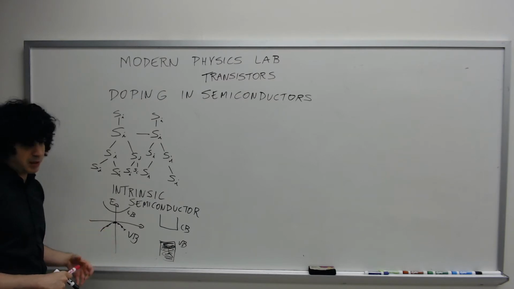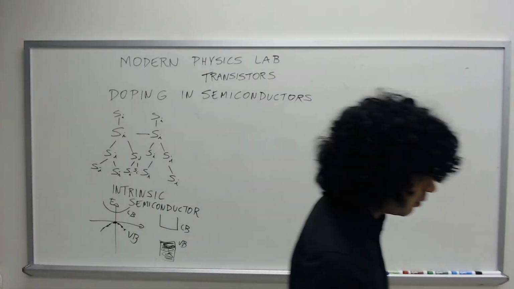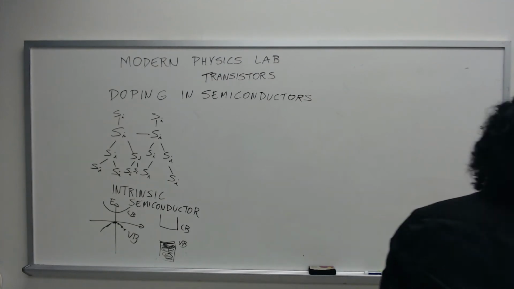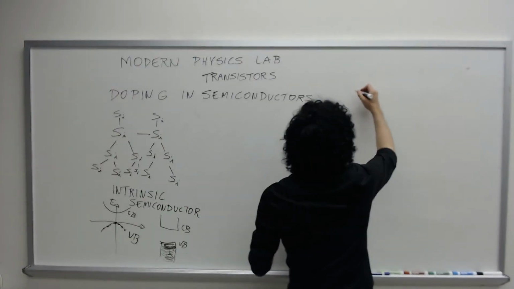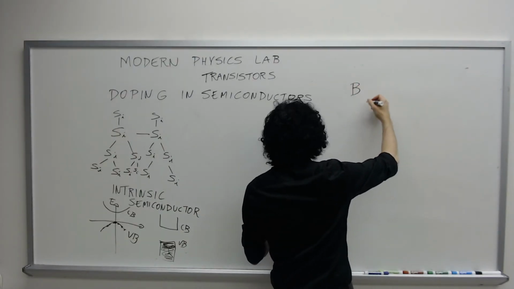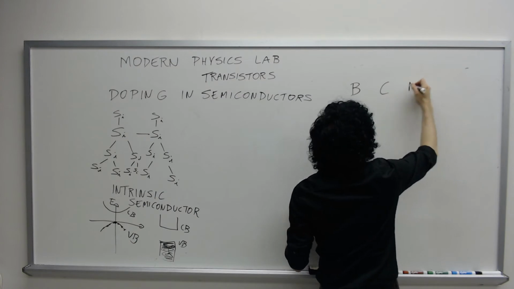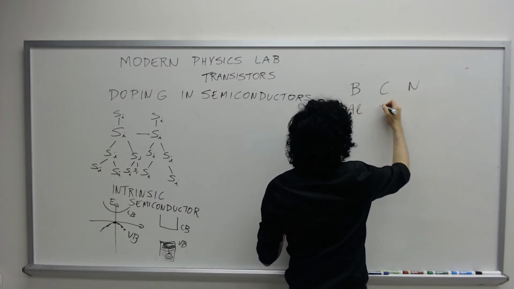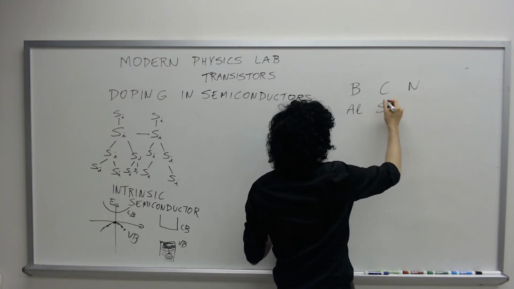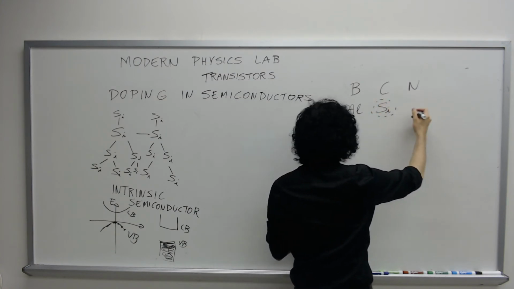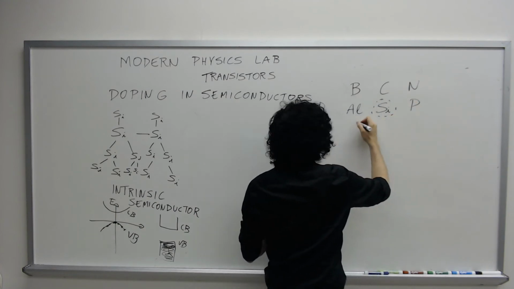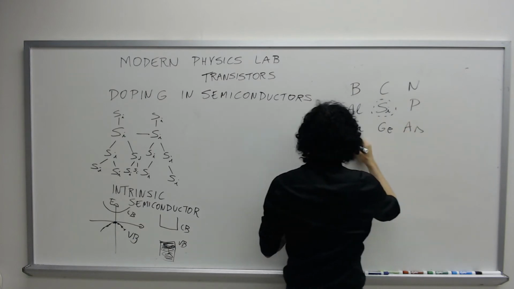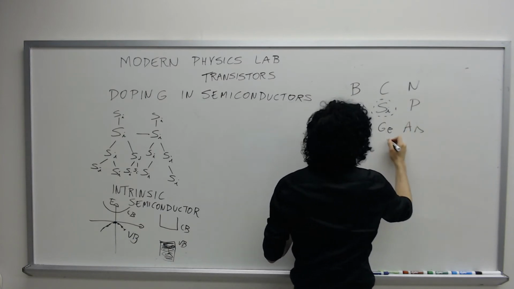So if you look at the periodic table of elements, the periodic table goes like this. You have boron, carbon, nitrogen, aluminum, and here you have silicon, phosphorus, and indium, and other elements.